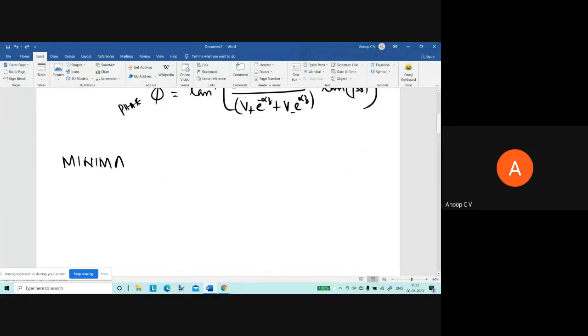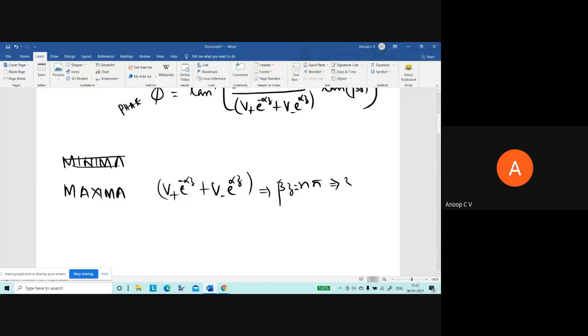Okay, fine. I'll write maxima. The value of that was V plus e power minus alpha z plus V minus e power alpha z, and it occurred for all beta z equal to n pi, or in other words, it will occur for all z equal to n lambda by 2, where n is equal to 0, plus or minus 1, plus or minus 2, etc. Right?